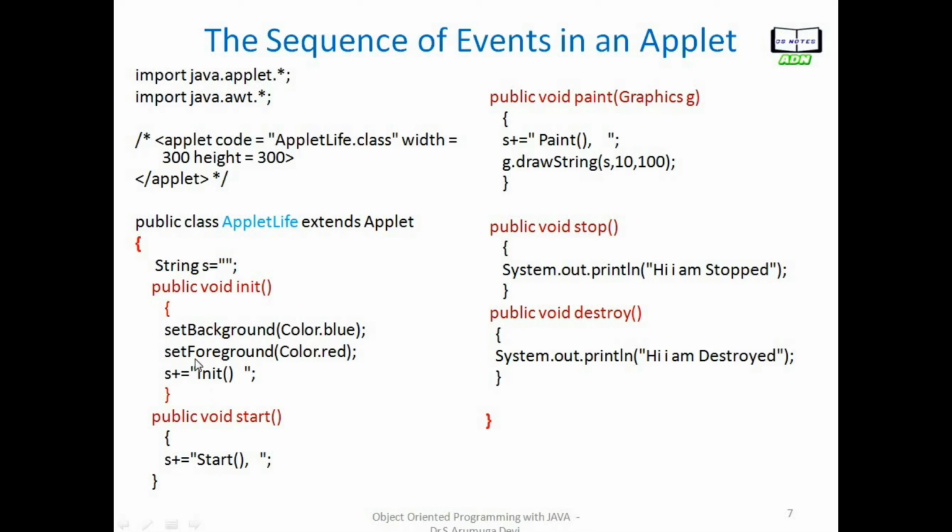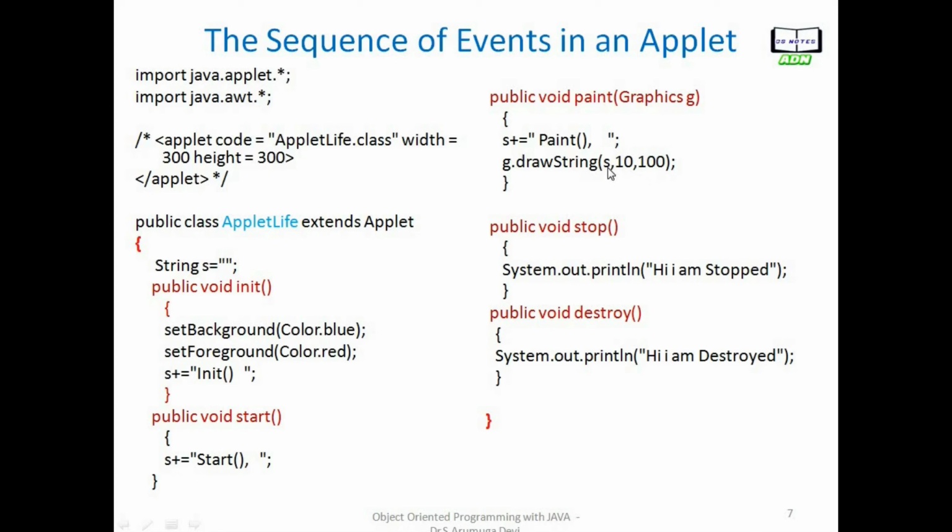Whenever it enters the init method, it appends init to the string, initially empty. Next it calls start, which appends the word start, and after start it calls the paint method, where again I append the word paint. Here g.drawString displays the string.